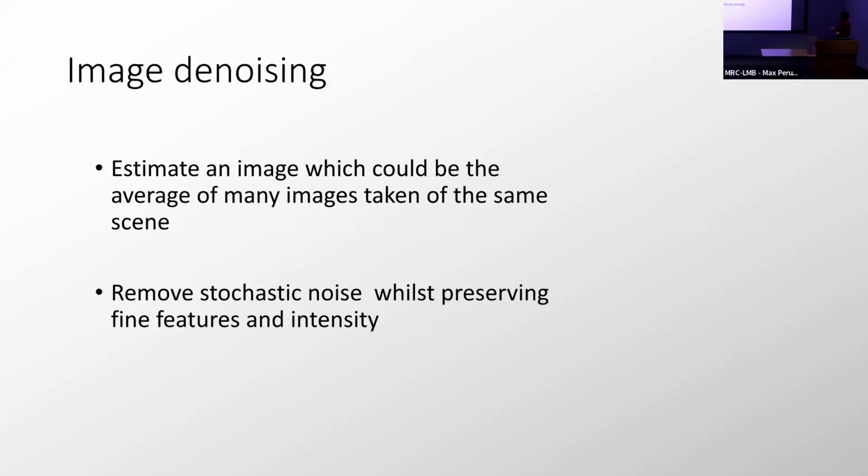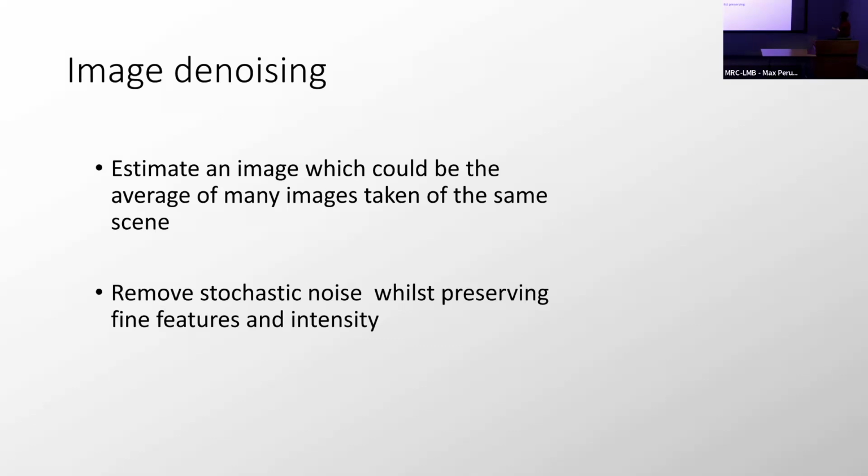So if we think about what denoising will be, it will be removing this random fluctuation, which could be seen as estimating an average of many similar images which would have been taken of the same scene. This average will naturally decrease the noise, as the strength of the noise over the number of images.